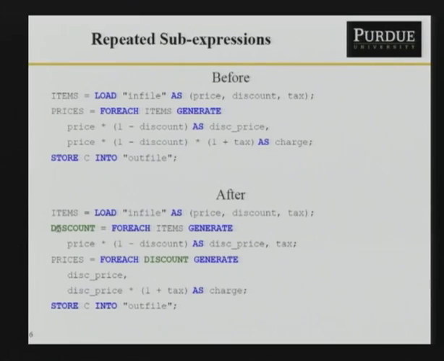We call it discount here just for demonstration, which performs this sub-expression which appears in both computations. And we call that disc price. We also include tax here just because it is involved in the next operation. So once we do that, we're able to just reference the discount price twice instead of computing the same sub-expression.